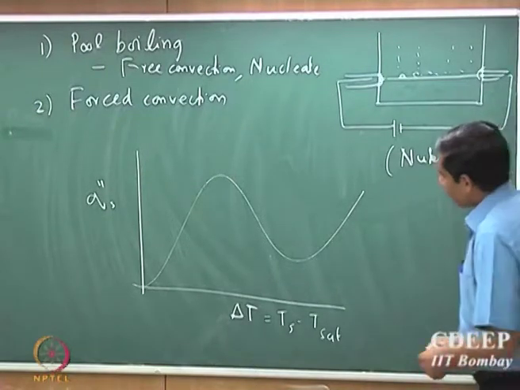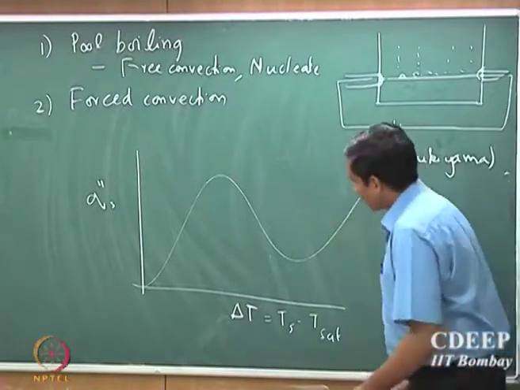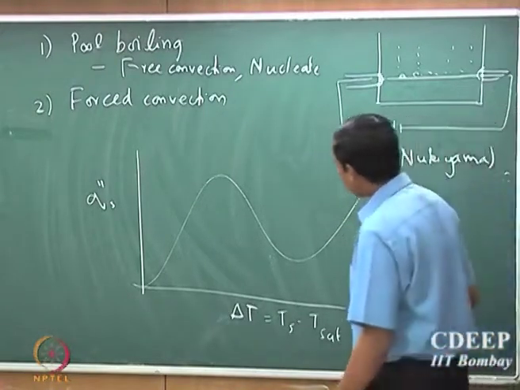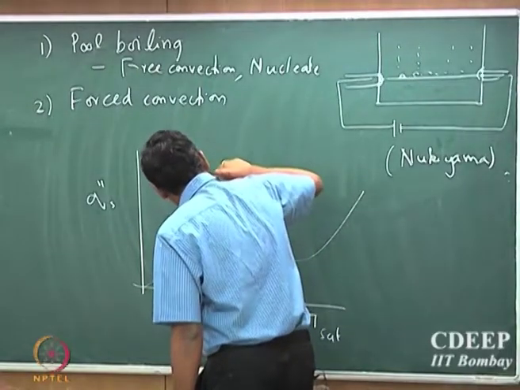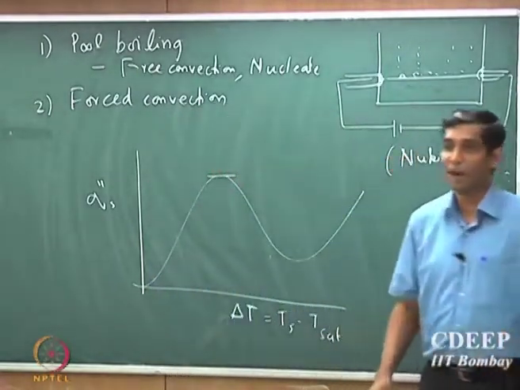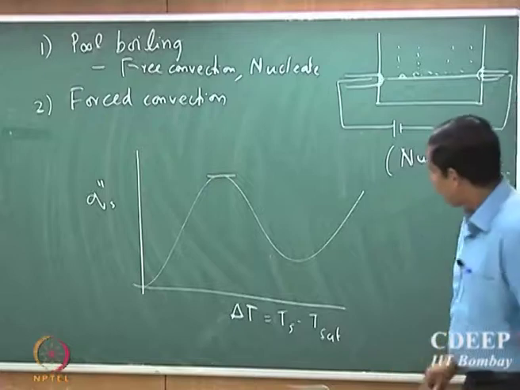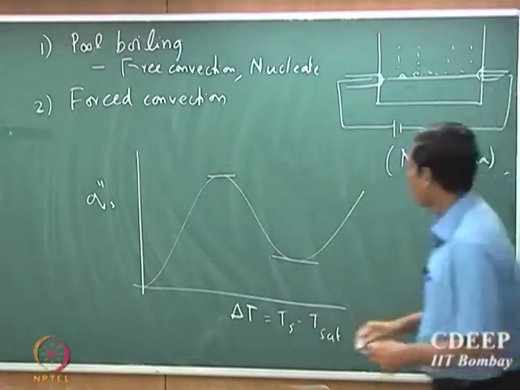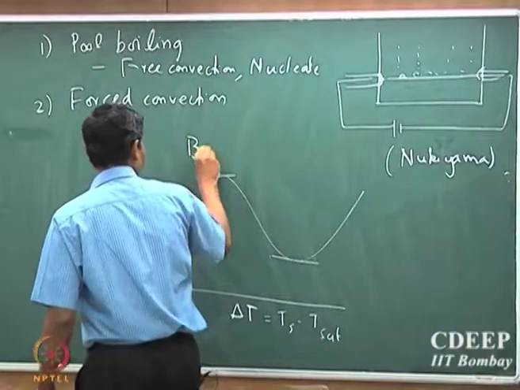So this is the kind of curve that he obtained, and what was observed is that there is a maximal heat flux on the curve, and there is a minimal heat flux in that curve. This is what is called a boiling curve.